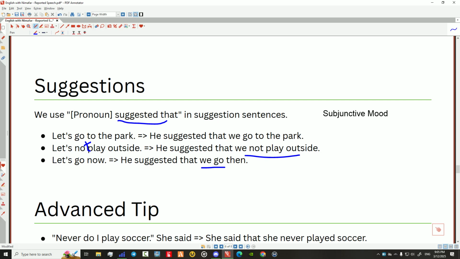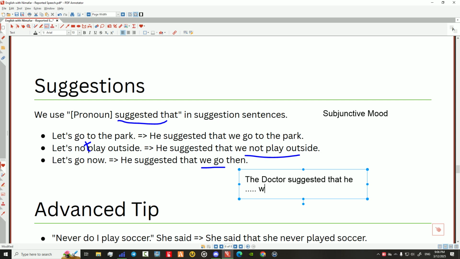It's a bit hard if I want to tell you. You would be confused. Definitely you would be confused. Just to show you how it works. The doctor suggested that he, so fill in the blanks.